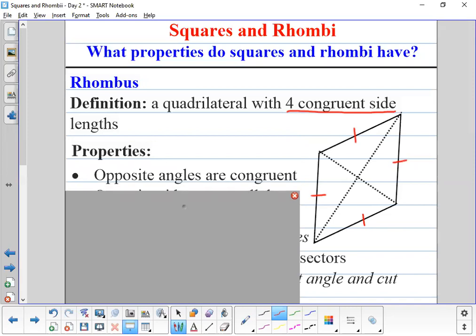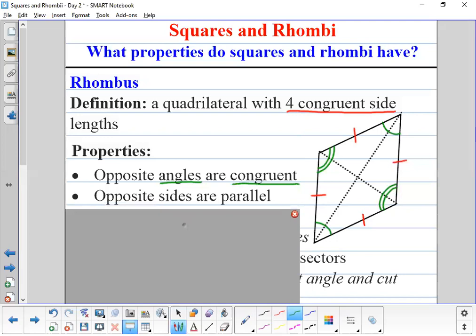The first property that I discover is that the opposite angles are congruent. So I'm going to mark those in my diagram.